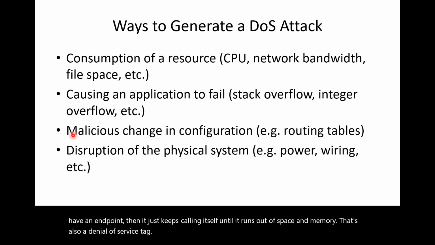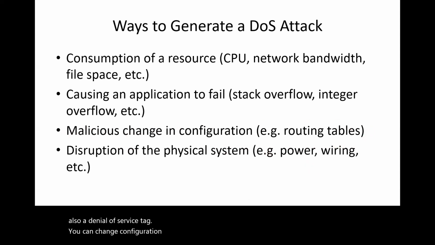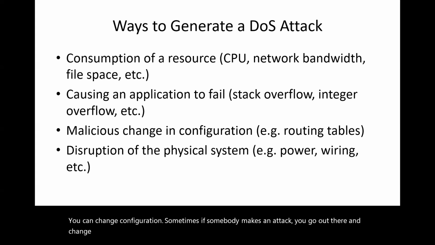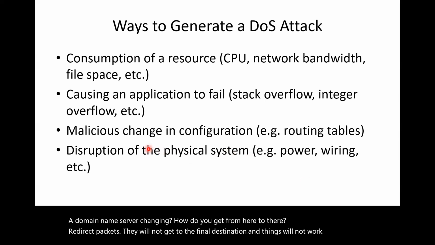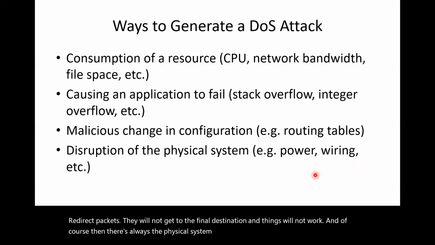You can change configuration. Sometimes if somebody makes an attack, you go out there and change things like routing tables. Imagine a domain name server. You're changing how you get from here to there. If you redirect packets, they will not get to the final destination and things will not work. And of course, then there's always the physical system. Just go out there and disable their power.